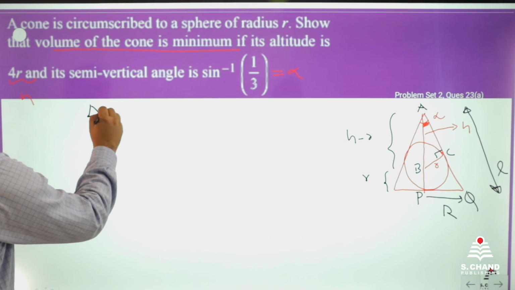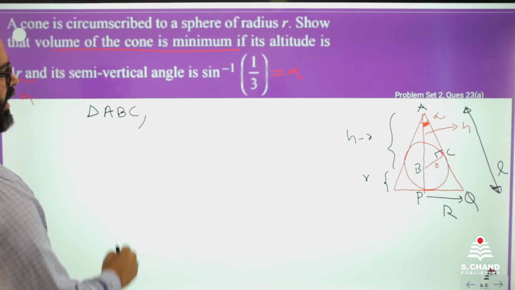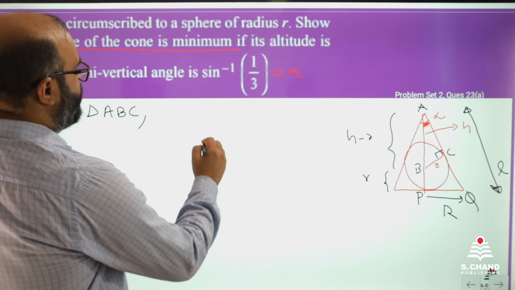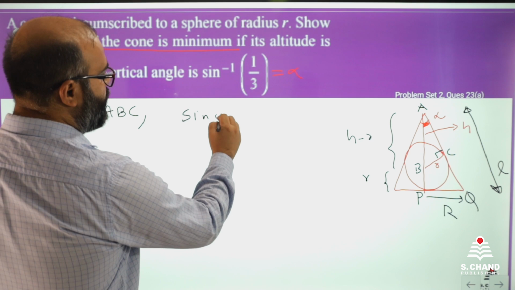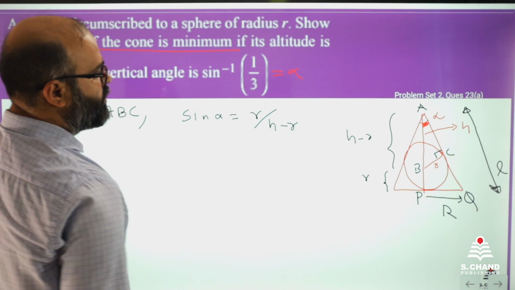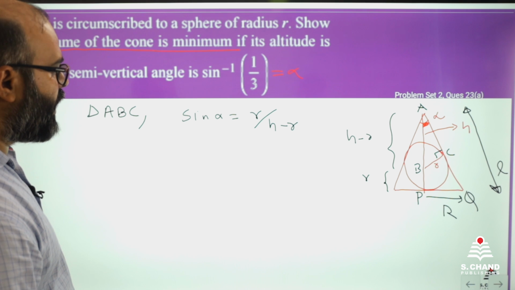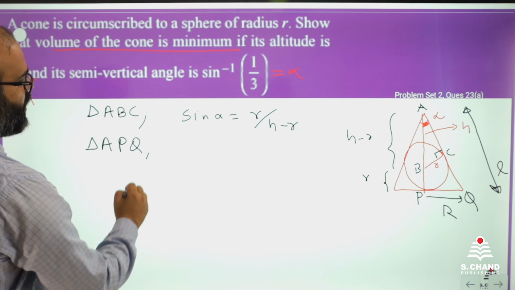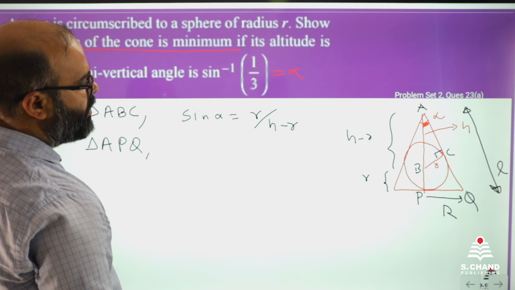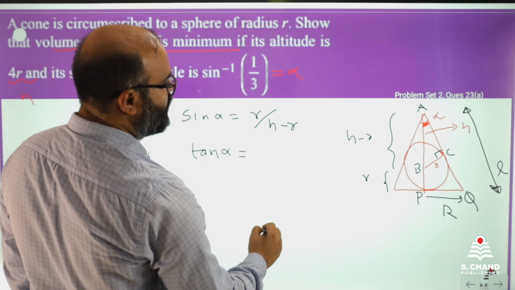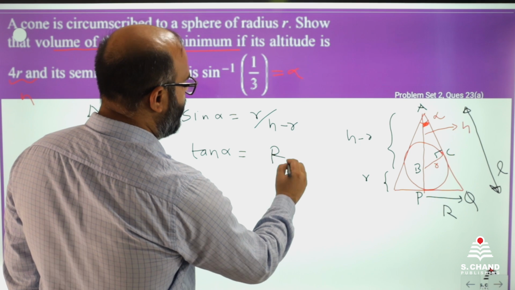In triangle ABC we have sine alpha is equal to perpendicular upon hypotenuse like this. And then in triangle APQ we take tan alpha, which is perpendicular by base, which is r by h.